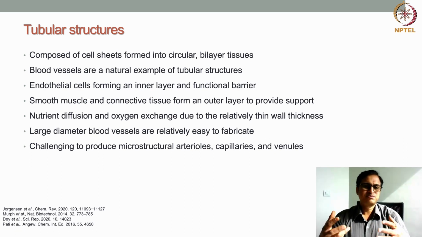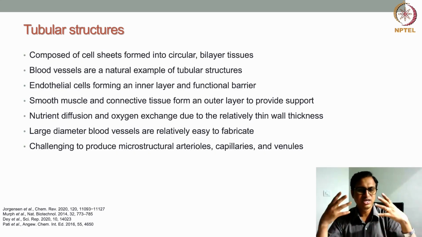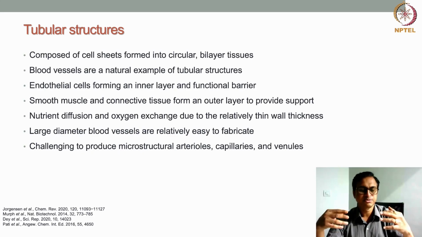Because these are bilayer tissue structures, as I have already mentioned, you can maintain the cellular arrangement where the innermost layer is endothelial and the outermost are smooth muscle cells or other supportive cell types like fibroblasts, and then you can print the whole blood vessel structure.